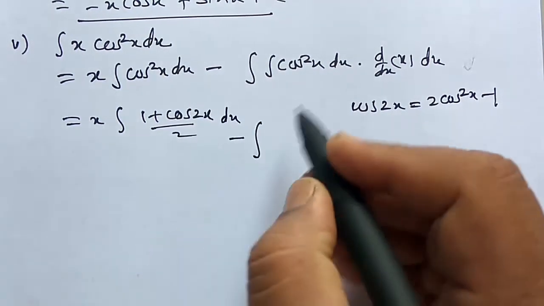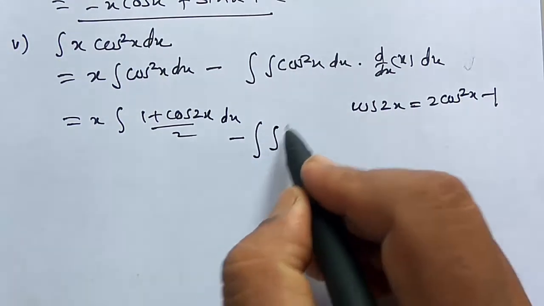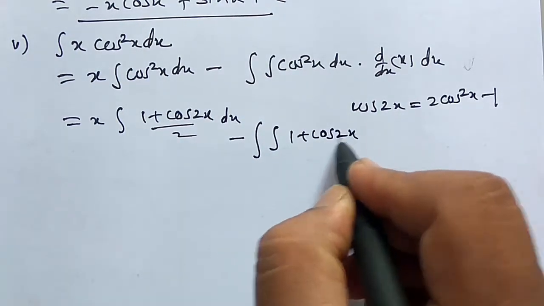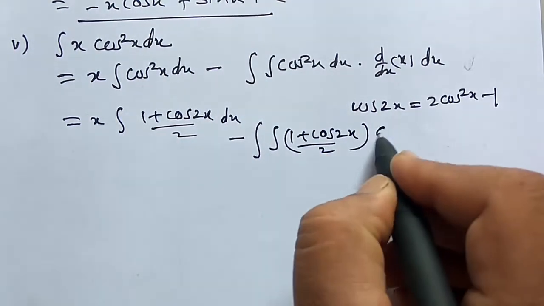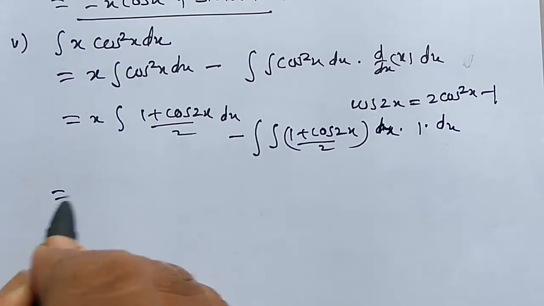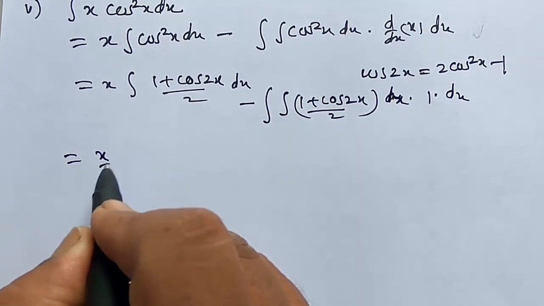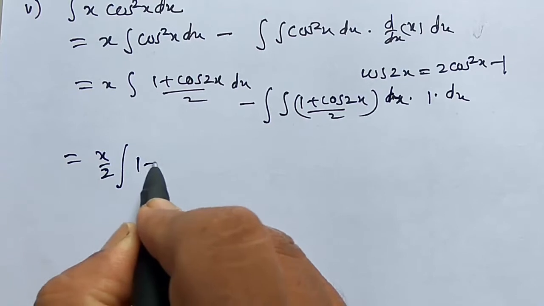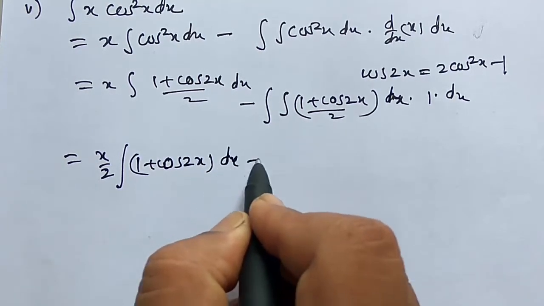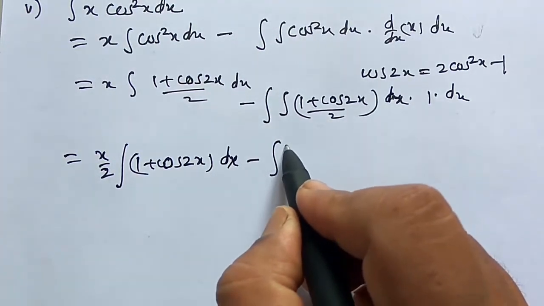So, cos square x is equal to 1 plus cos of 2x upon 2. So, this is equal to x by 2 integration of 1 plus cos of 2x dx, minus integration of cos square x, which is 1 plus cos of 2x upon 2 dx, derivative of x is 1 dx, with 1 upon 2 outside.